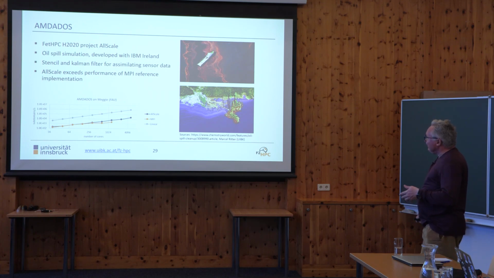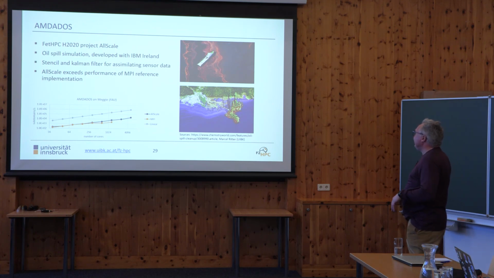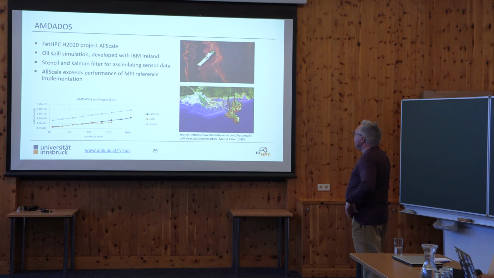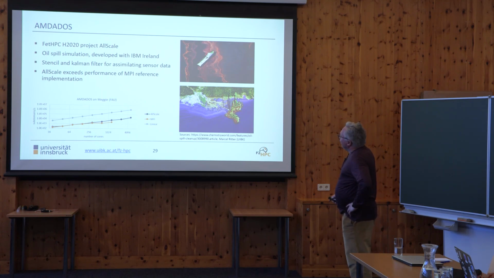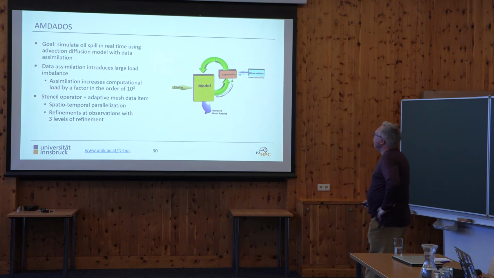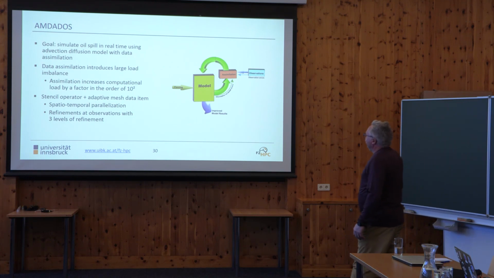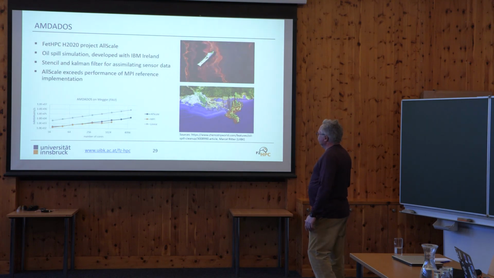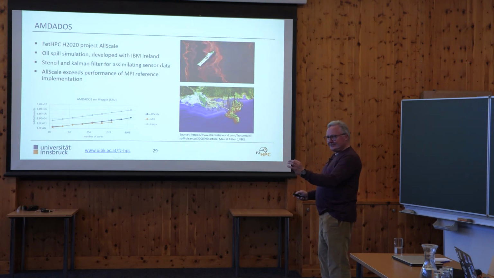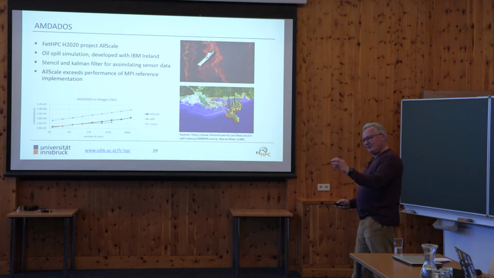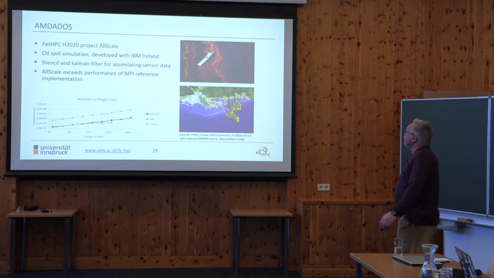One was Amdados. This was developed by IBM Ireland. It's an AllScale simulation code that is a bit special because it's one of those simulations that actually use real-time data in order to correct the simulation to increase the accuracy. And this real-time data had some changes on the individual cells that got real-time data versus those cells that did not get real-time data, because this caused a load imbalance problem.